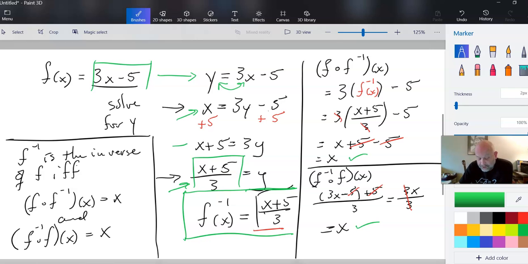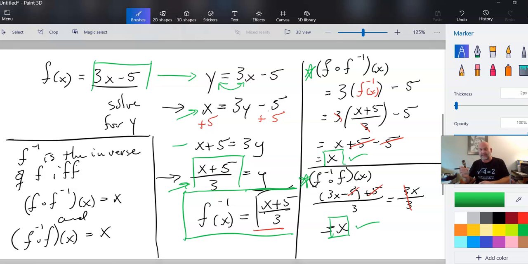Then to check it, you just need to compose it both ways. So you need to compose it this direction and this direction. Now, I'll tell you, in your homework, there's going to be some problems that only ask you to check to see if they actually are inverses, right? Basically, if you don't get x both directions that you compose it, then they're not inverses of each other. They have to get x each and every time.